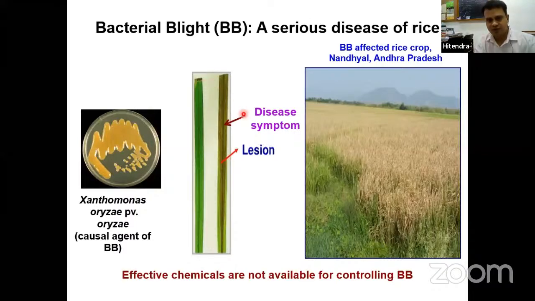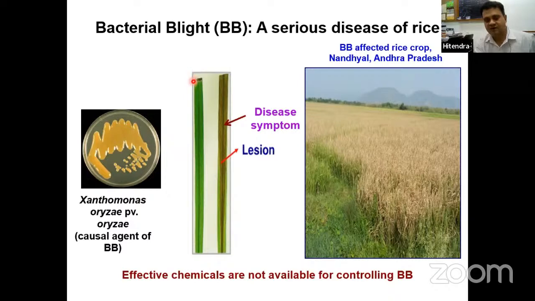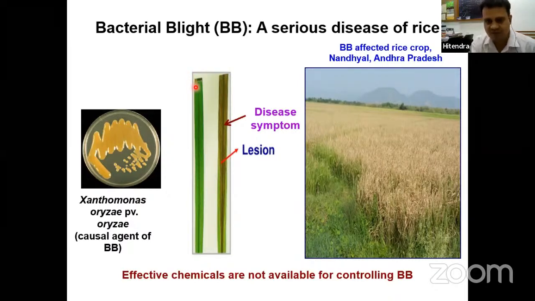After 10 to 14 days, we can see the disease symptom. You can see yellowing in the rice leaf. This is a disease symptom of bacterial leaf blight disease. This leaf was cut with the scissor that was dipped in just normal water, so there is no disease symptom, and this is the bacterial leaf blight disease symptom.